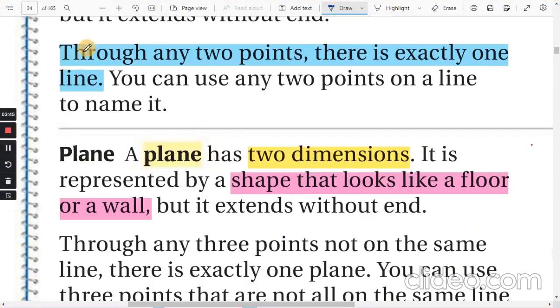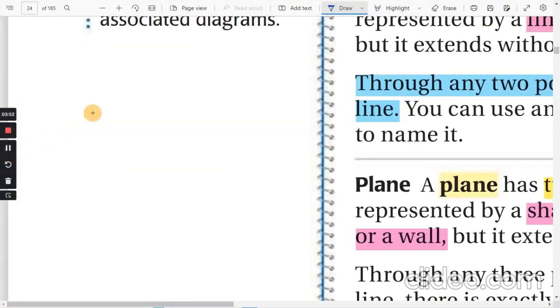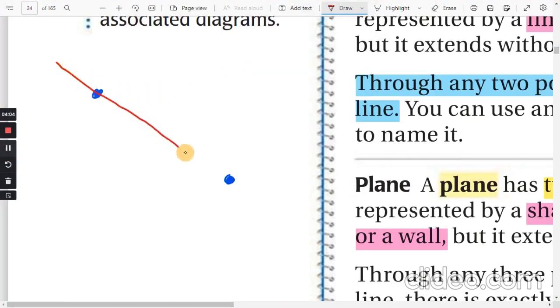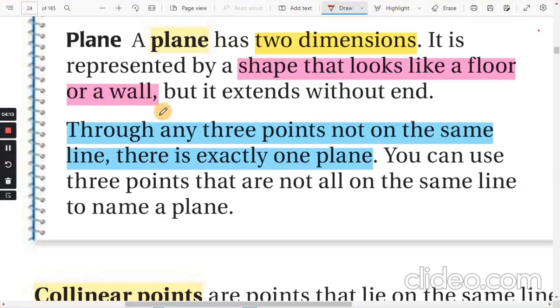Okay, so you want to remember through any 2 points, there is exactly 1 line. So if you have 2 points, there is only 1 line you can draw through those 2 points. Okay, so that's all they're saying. Okay, through any 3 points not on the same line, there is exactly 1 plane.